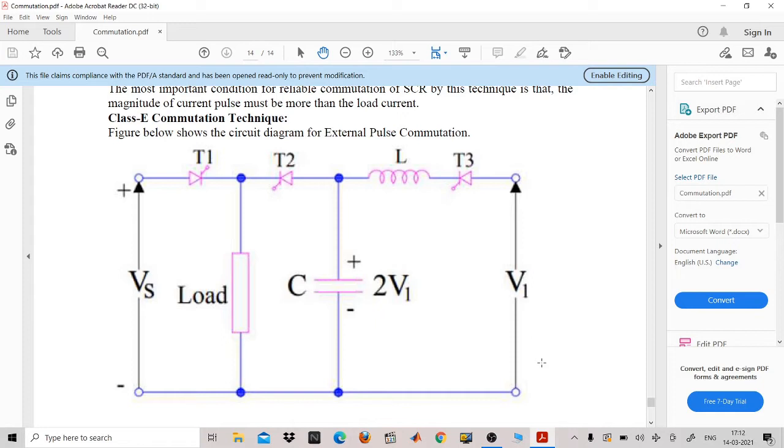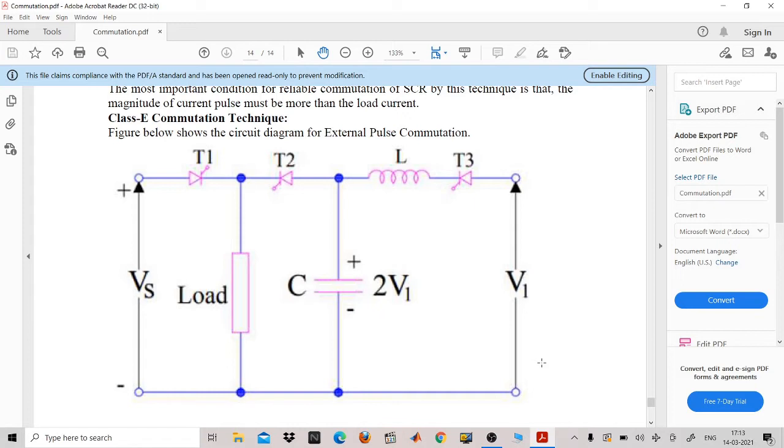Now commutation is broadly classified into two types, the first one is natural commutation and the second one is forced commutation. In natural commutation you are turning off your SCR naturally because you have the AC voltage and AC voltage has a natural zero. So at the natural zero, you are making the anode current below the holding current.